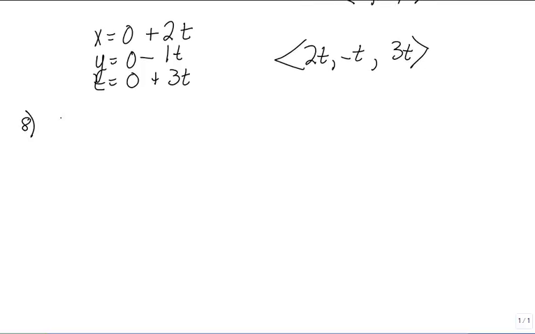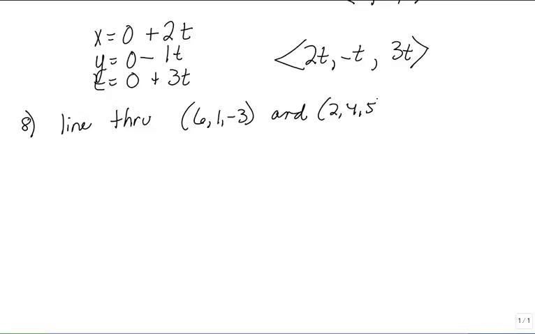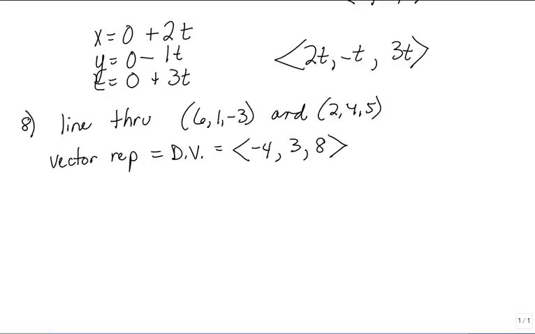It's all the points represented by that vector, all the endpoints. Okay, number 8. I want a line through 2 points. I want to find the vector representation because that's going to be the direction vector. So that's going to be 2 minus 6, 4 minus 1, 5 minus a negative 3. That's going to give us our direction vector. We'll use this point right here.